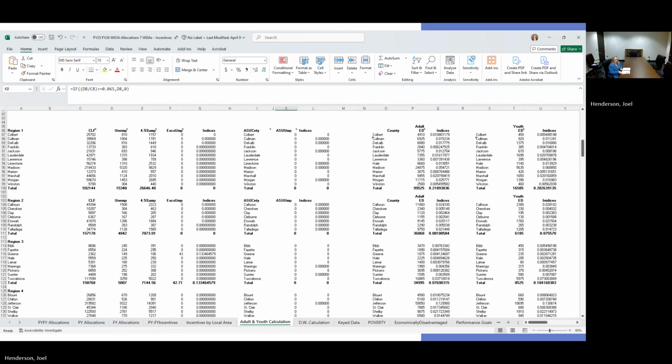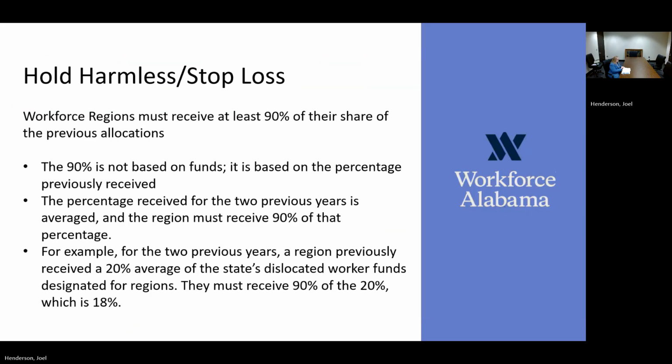Okay, next. Another thing we need to talk about is hold harmless or stop loss. In the law, it does specify that the workforce regions must receive at least 90% of their share of the previous allocations.